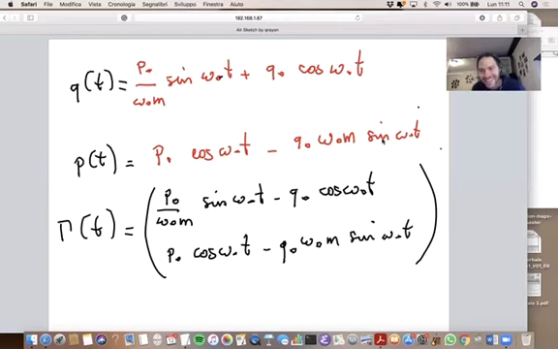But who tells me that I'm done, that maybe there are more functions which have these properties, such that if you take a linear combination of this and another function and take the second derivative, you get the same function with a negative factor. So is this solution unique? Is this the unique solution?